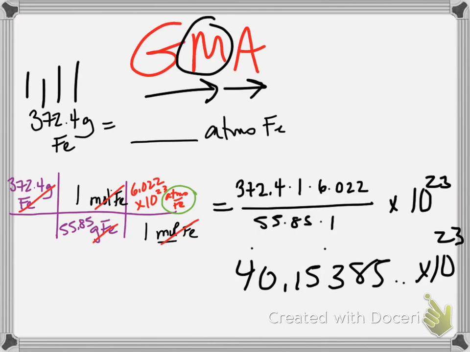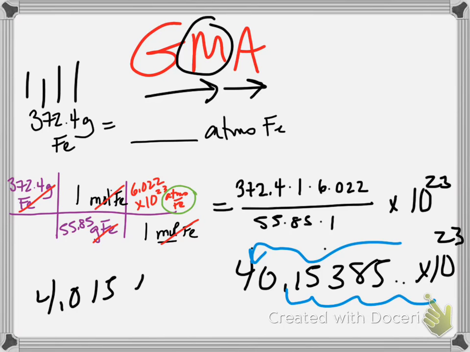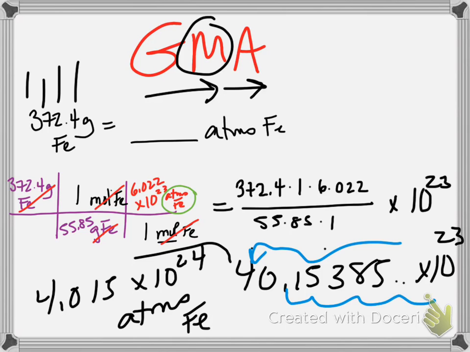I'm going to do my little third grade trick and imagine that I'm going blah, blah, blah. So I'm coming back one more, which means I get 4.015 times 10 to the 24th atoms of iron. Okay, is that better?